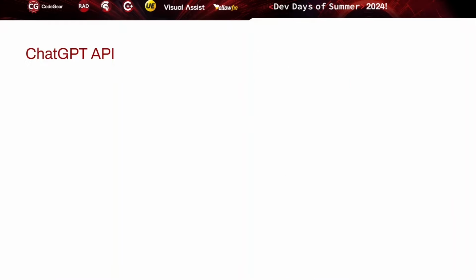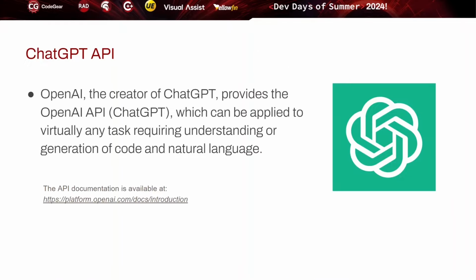Okay, so the ChatGPT API. OpenAI, the creator of ChatGPT, provides an API. We can access that API in a very simple way. You must have a paid account, and you can go to your account and generate a secret key.